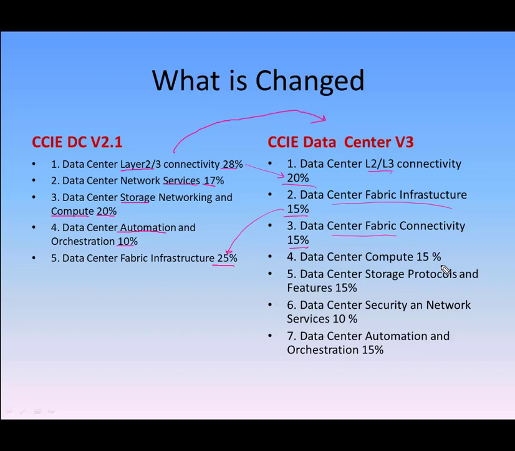Compute is 15%. There's a slightly modified module of data center storage protocols and features at 15%. Data center security has been increased, and that's 10%. And finally, automation, and that's 15%. So it's a huge change in terms of automation and programming.